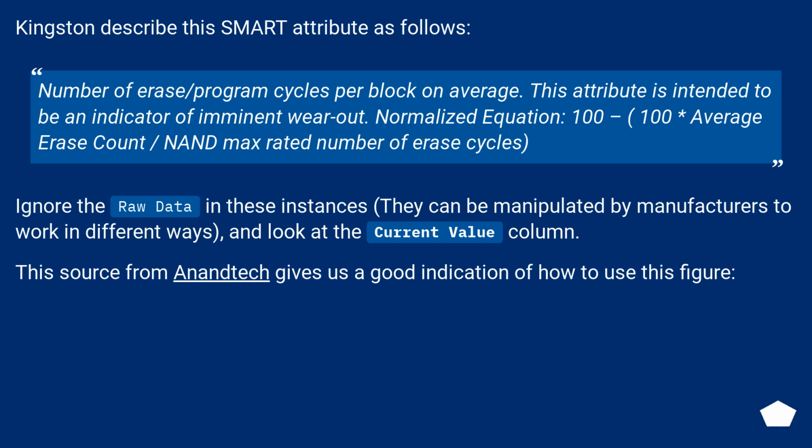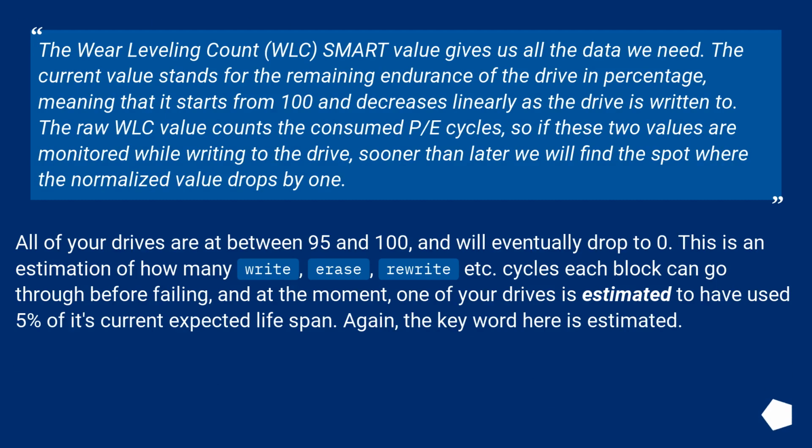This source from AnandTech gives us a good indication of how to use this figure. The Wear Leveling Count, WLC, SMART value gives us all the data we need. The current value stands for the remaining endurance of the drive in percentage, meaning that it starts from 100 and decreases linearly as the drive is written to.